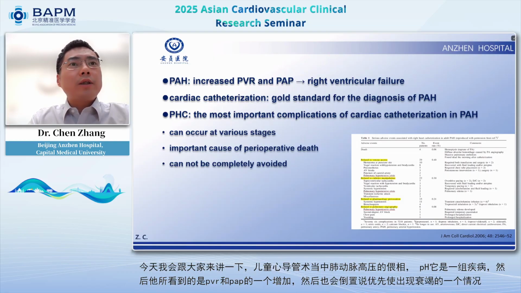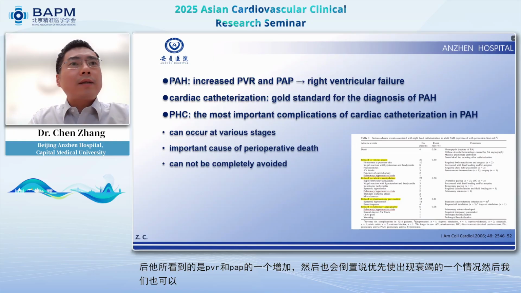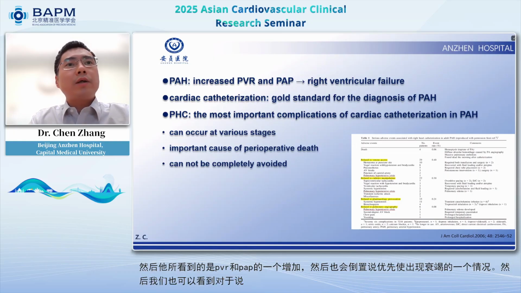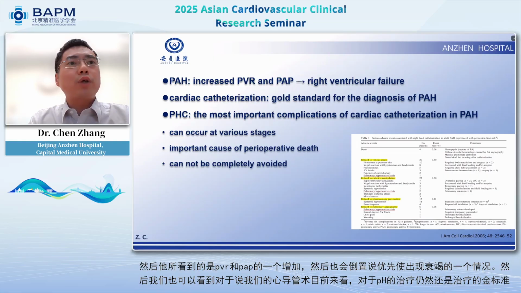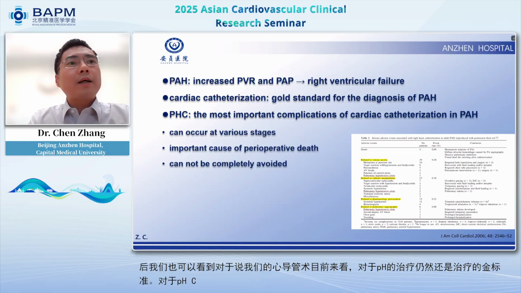Cardiac catheterization is the gold standard for the diagnosis of PAH and can provide comprehensive hemodynamic information to confirm the diagnosis, determine disease severity, and guide the selection of treatment. But cardiac catheterization is invasive and risky.